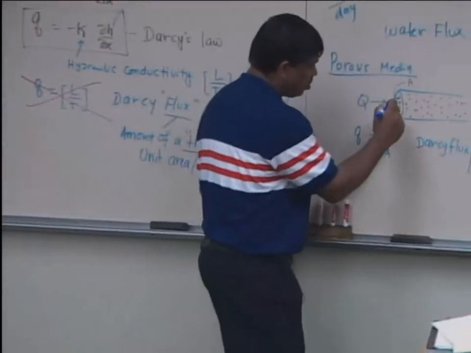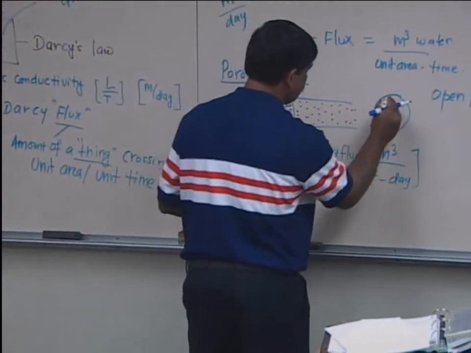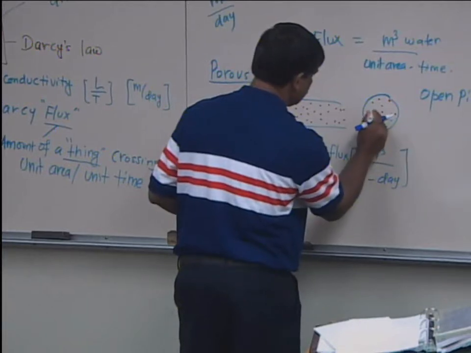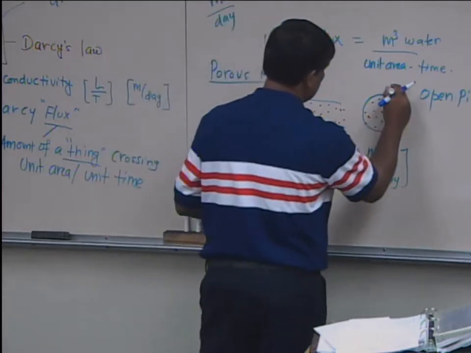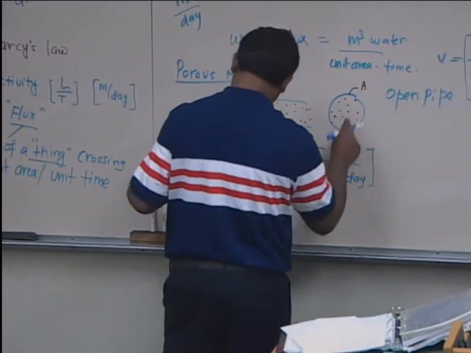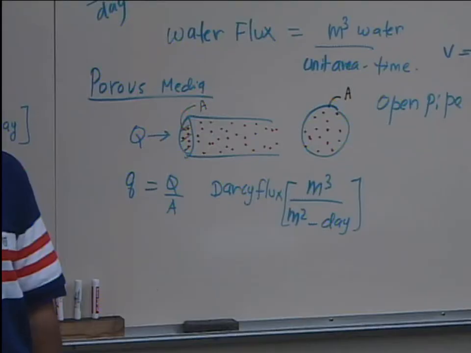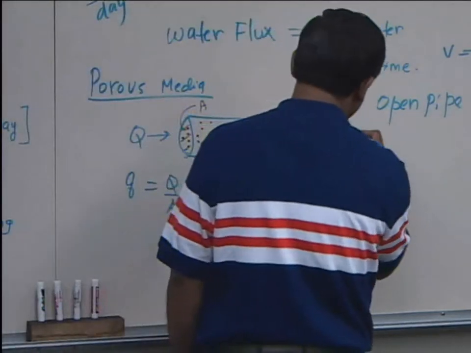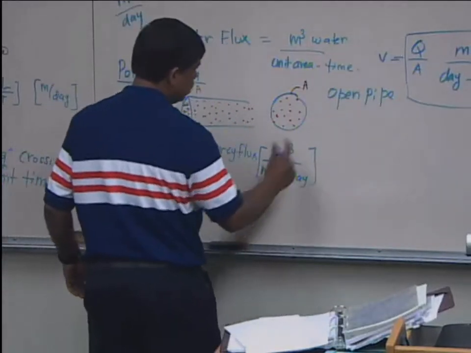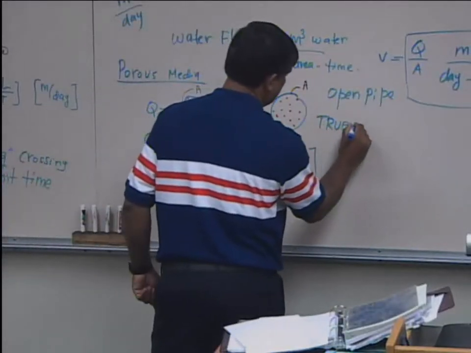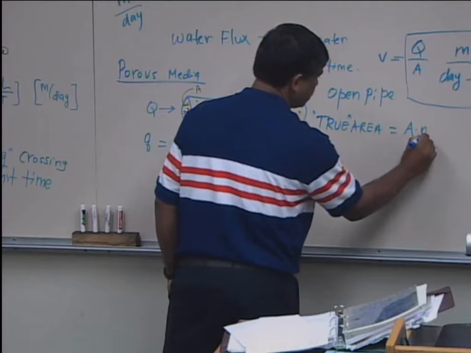So what is the true area? If I look at that face, what is the true area which is actually transporting? Porosity. There is only a fraction. So the so-called true area is nothing but A times porosity.